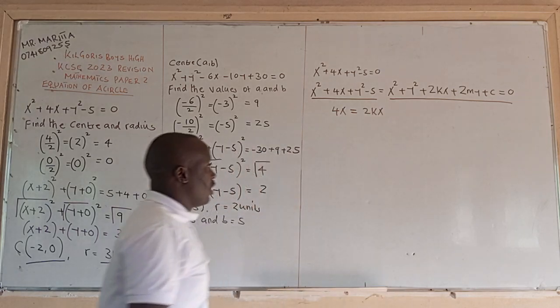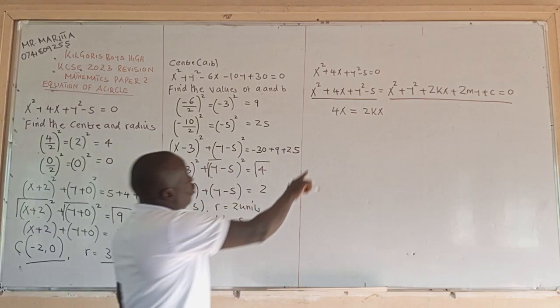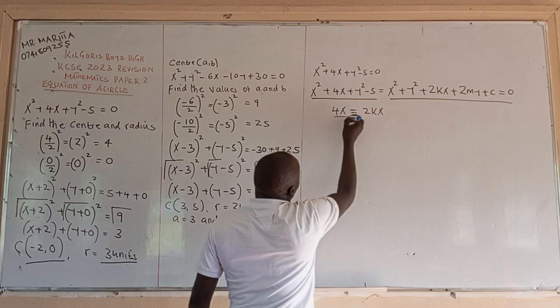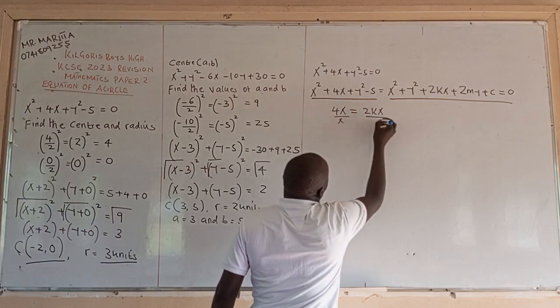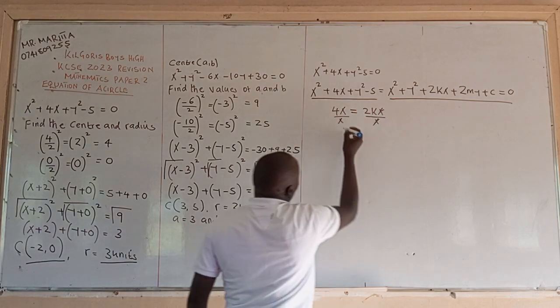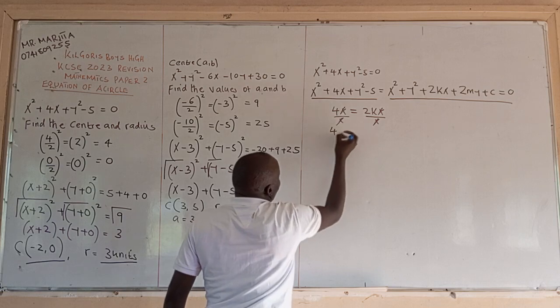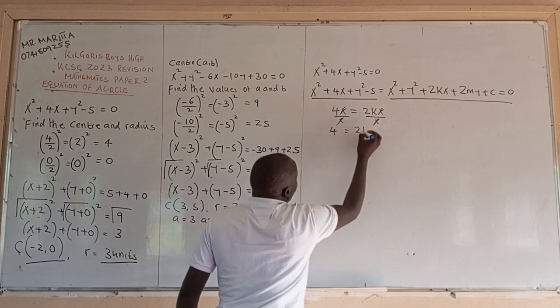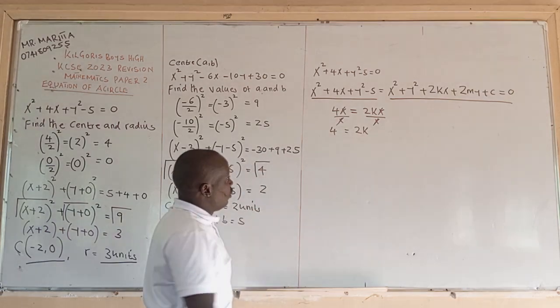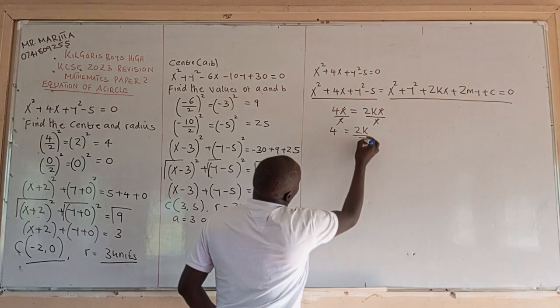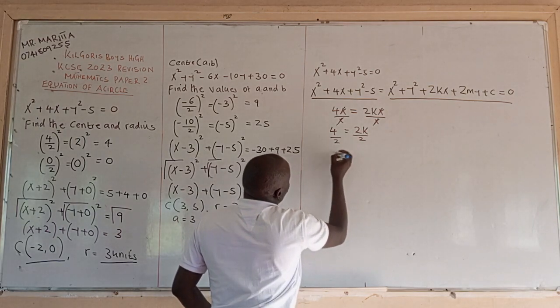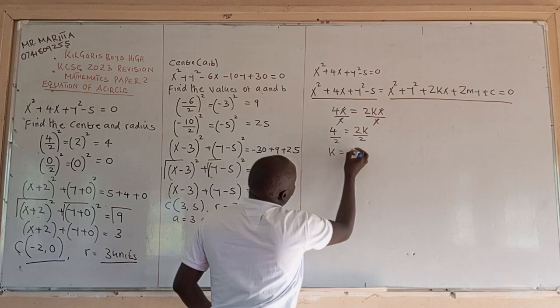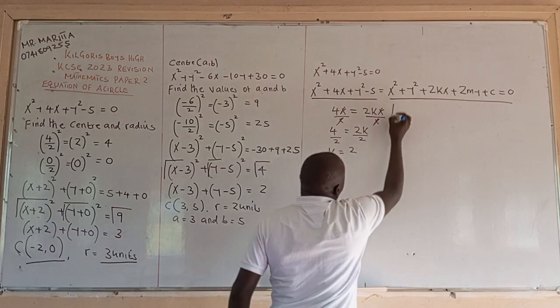What will you do here? You divide both sides by x, and x and x will go. Then you have 4 equals 2k. From here you find the value of k: you divide this by 2, and this by 2. So the value of k is equivalent to 2.